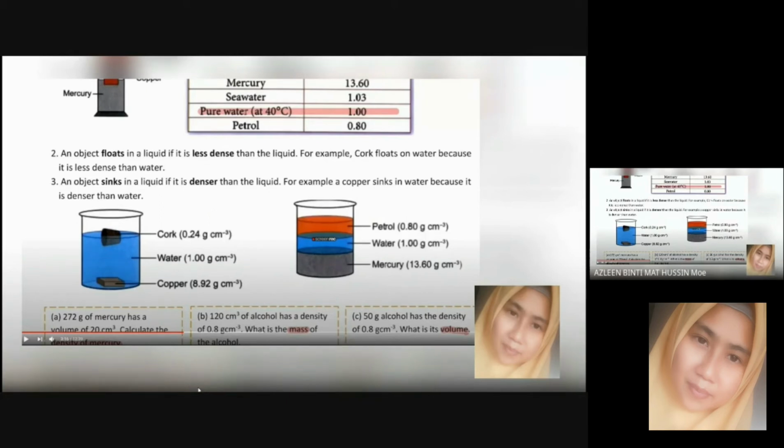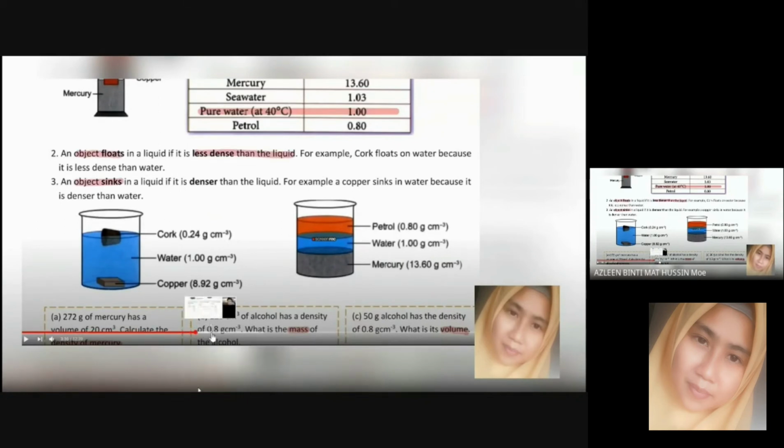Normally they won't stir it because it will look nicer, more attractive. The milk will be at the bottom, and then sugar and the tea itself. Now let's look at the liquids. The mercury will be at the bottom because it is the most dense compared to water and the petrol. And petrol is less dense than the water. That's why it floats on water.